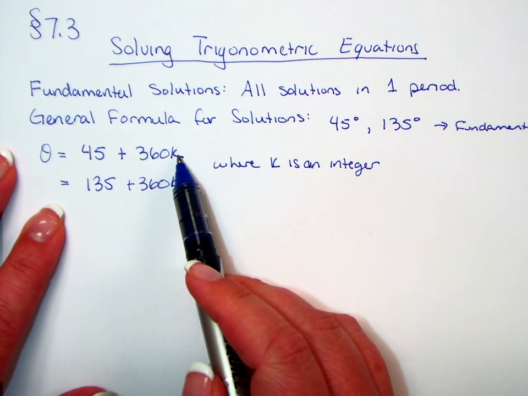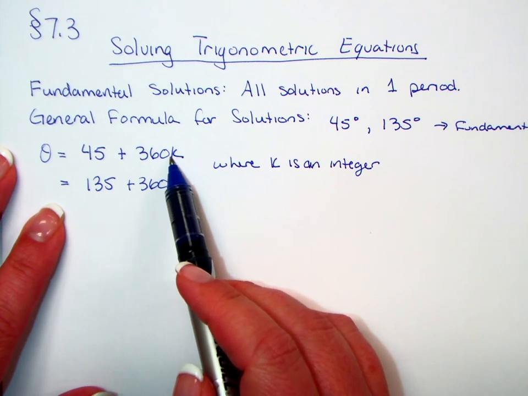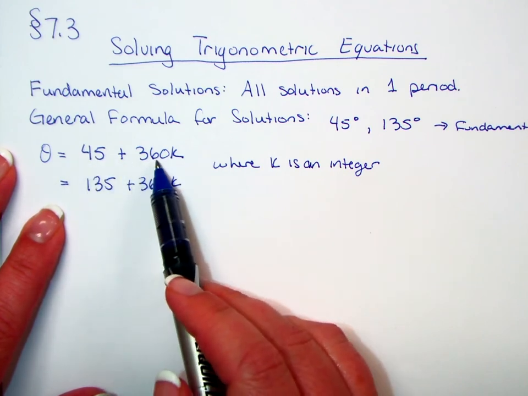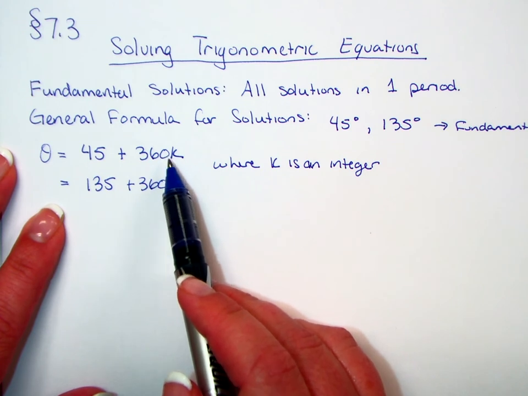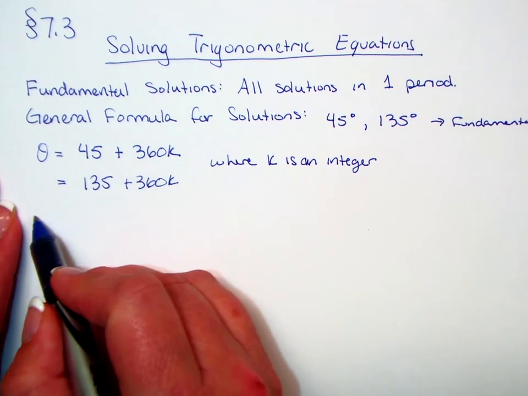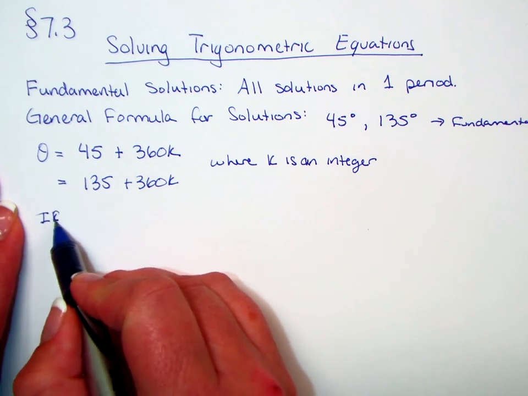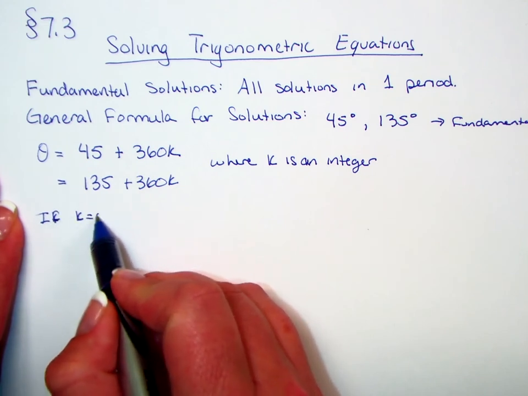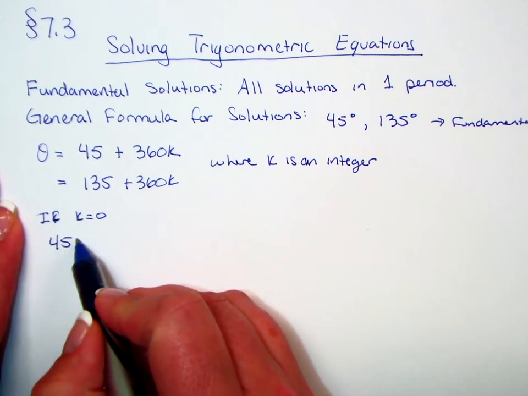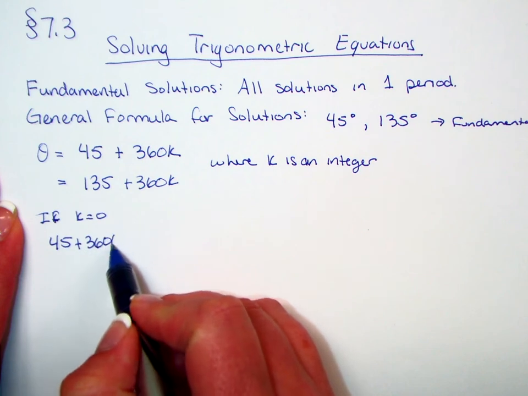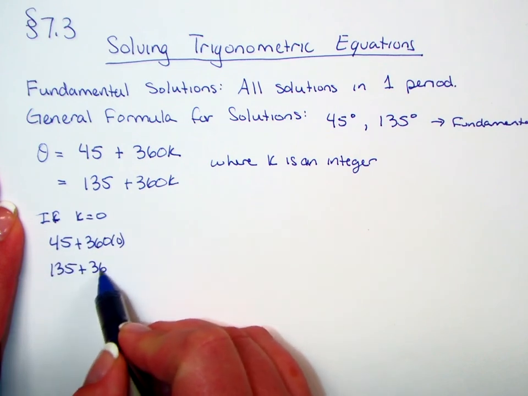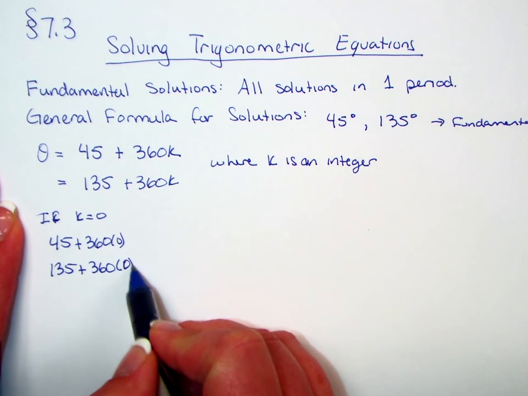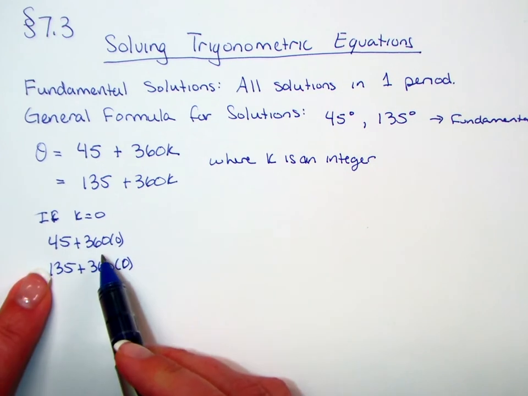So if k was 0, we'd have 45 plus 360 times 0, and 135 plus 360 times 0, and that would give us our fundamental solutions.